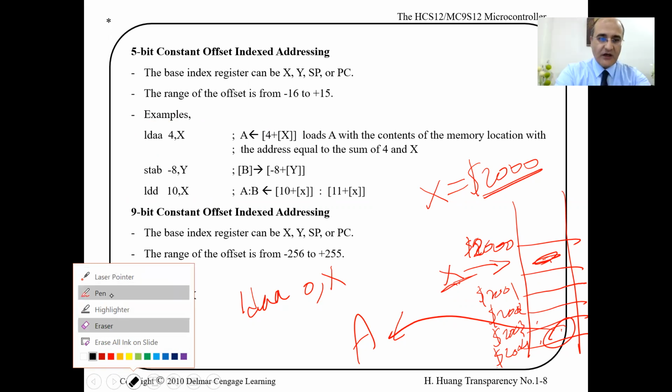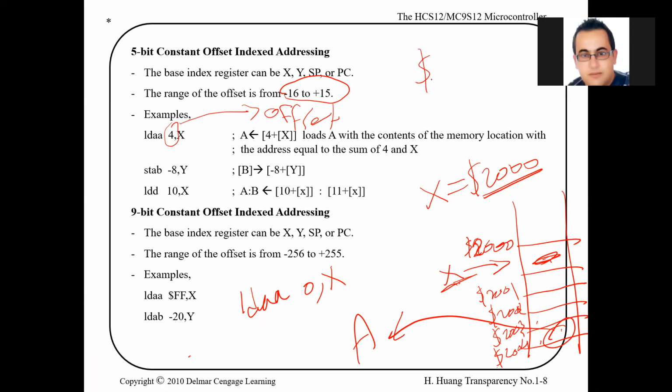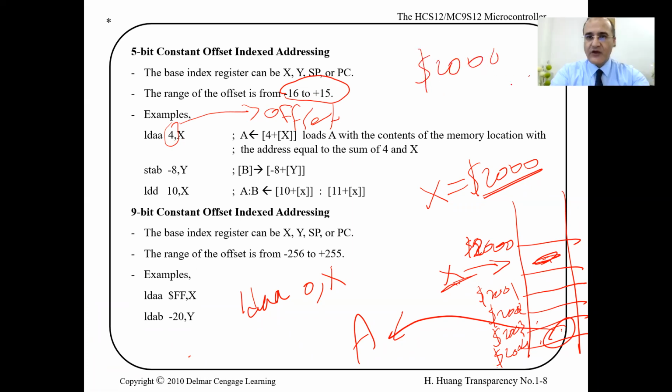In this case, what's the size of the offset? 5 bits, right? Because it's a number between minus 16 and plus 15. This is the offset. You add it to X. So X is 2000, so 2000 plus 4. The new address where you're going to fetch your operand from is 2004.